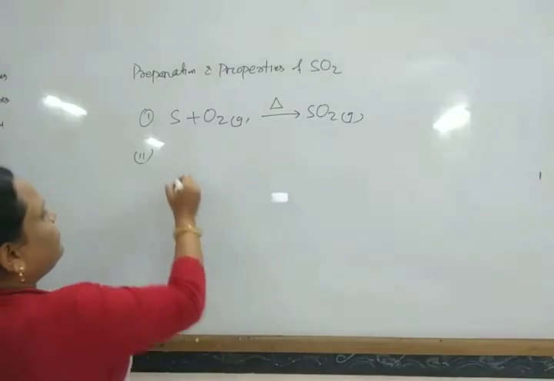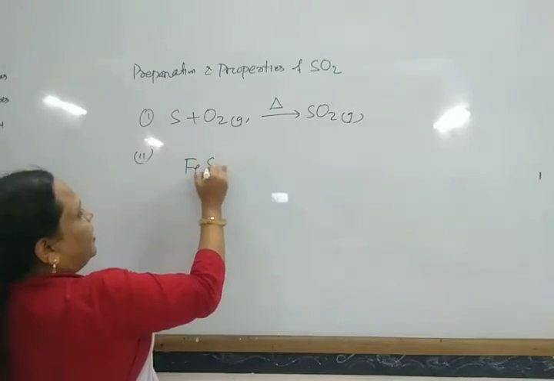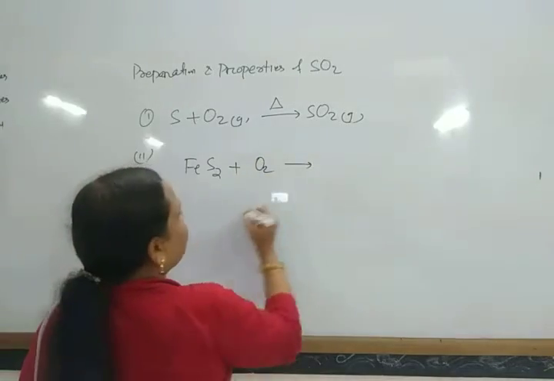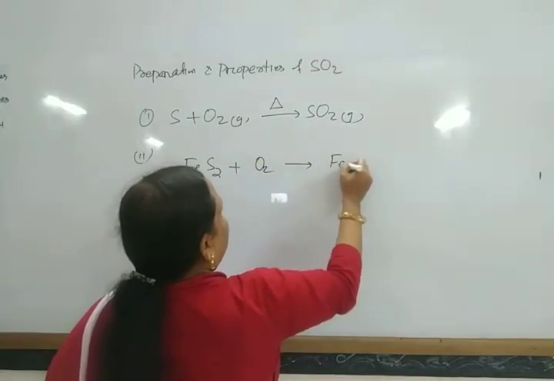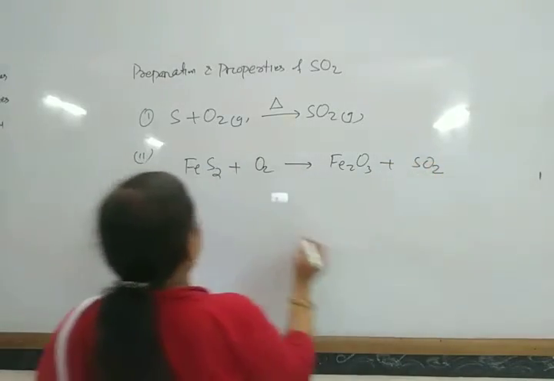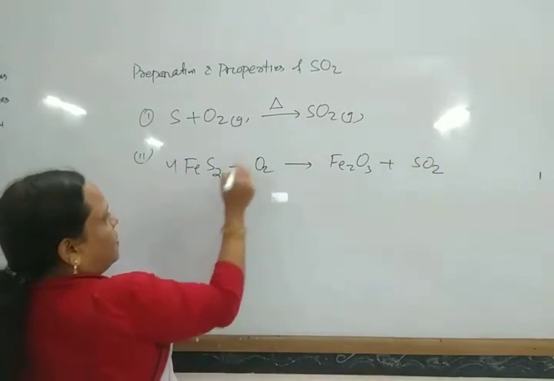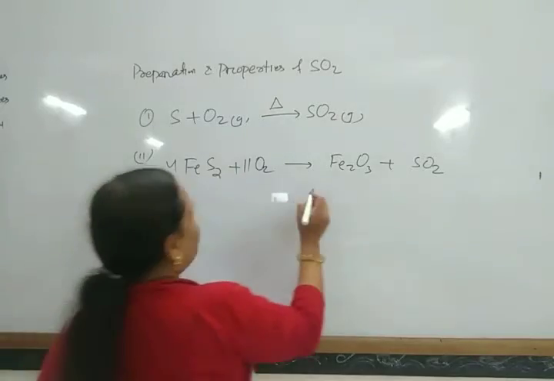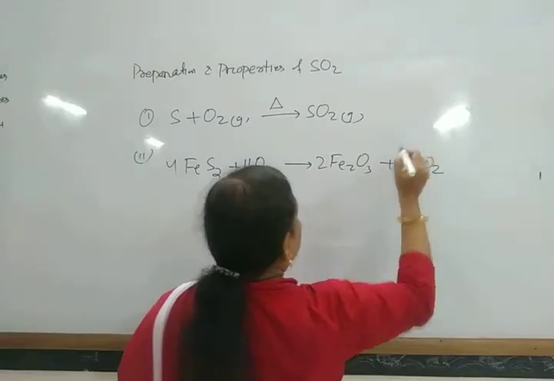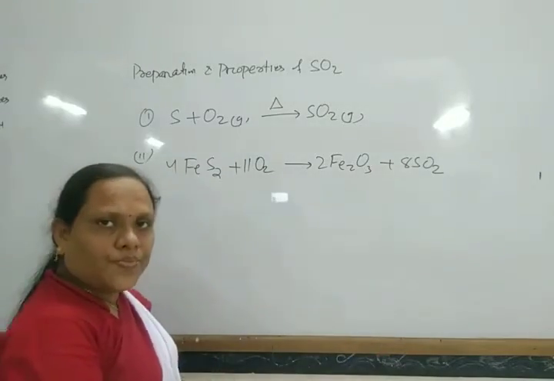For example, FeS2 plus O2 gives rise to Fe2O3 plus SO2. So 4FeS2 plus 11O2 gives rise to 2Fe2O3 plus 8SO2.